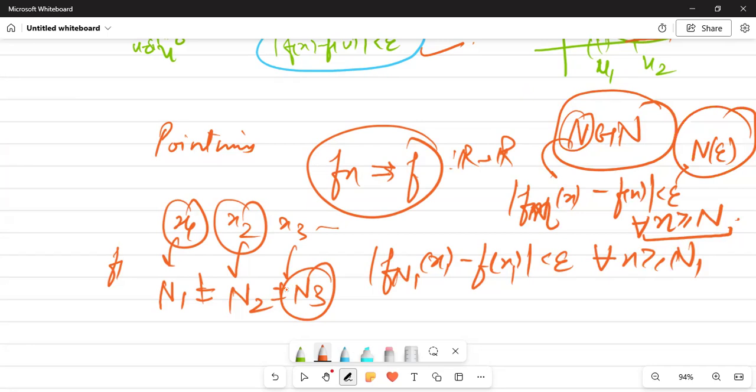If it is not uniform convergence, you will never be able to get a single n for which this is true. This should not depend on x. That means you should get a stage independent of x. So this is the meaning of uniform convergence.